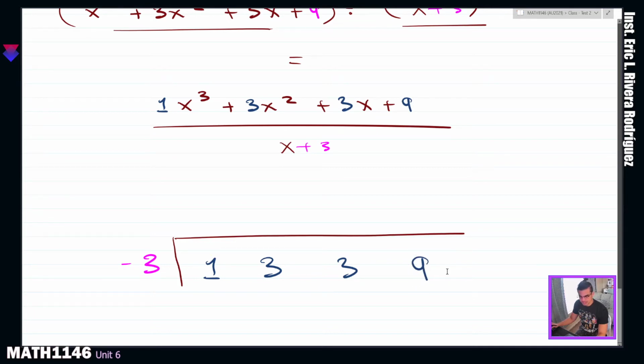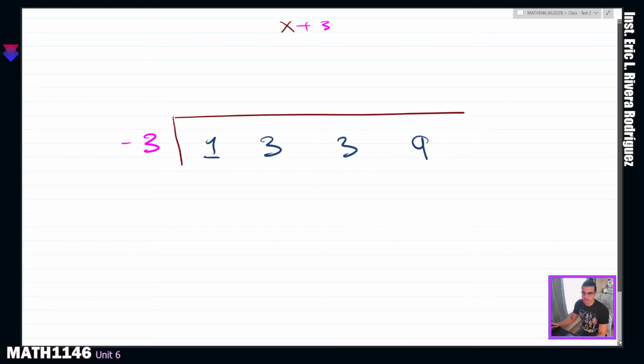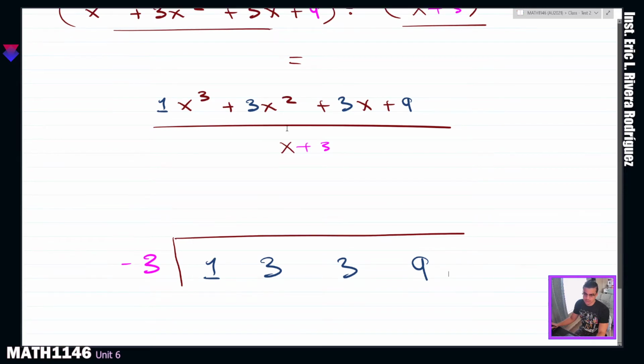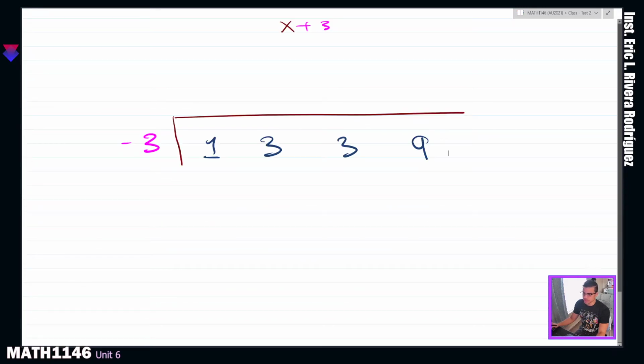Okay, so synthetic division is a simplification of long division, because see that here we are just going by the constant term of the denominator and just the coefficient of the numerator. Now, what are you going to do?